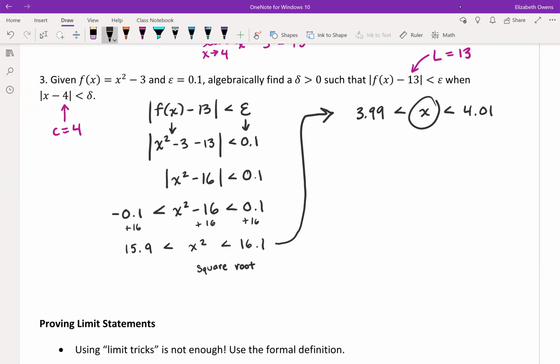Instead of just looking at x right here, let's look at x minus 4 and see what the range of values for that is going to be. So we can do that by just subtracting 4 from all of these pieces. And we'd get negative 0.01 less than x minus 4 is less than positive 0.01.